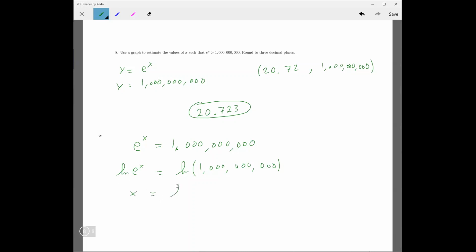So that's going to be that. This will be where these are equal. So then it's just a matter of plugging in the natural log of 1 billion in your calculator. And that is approximately 2.7232658.